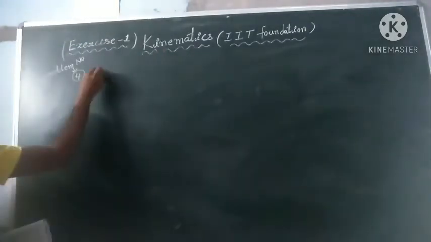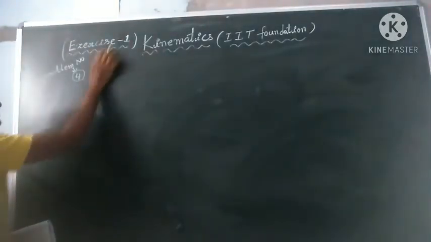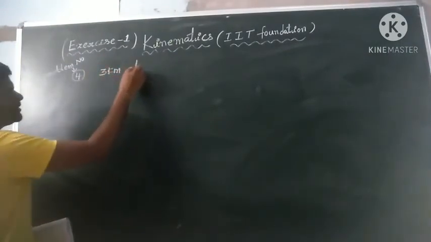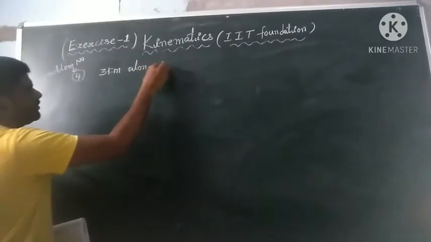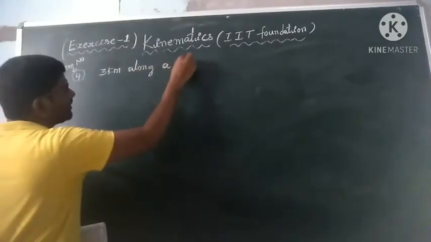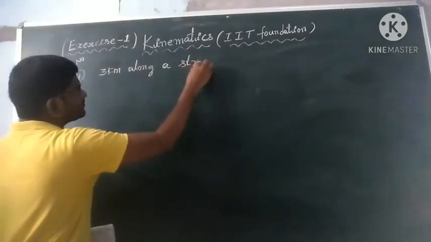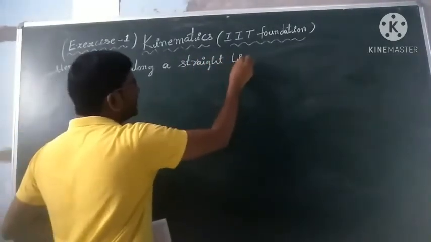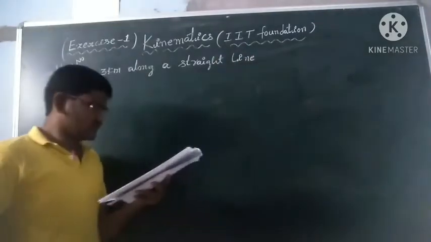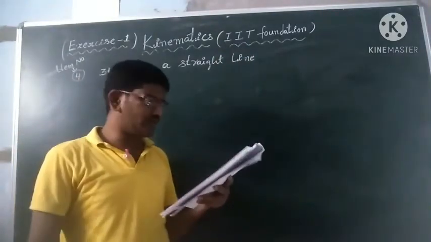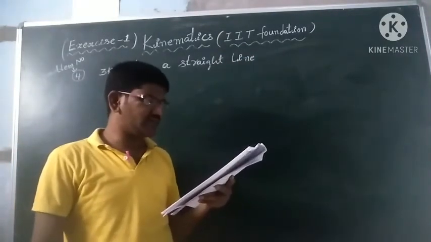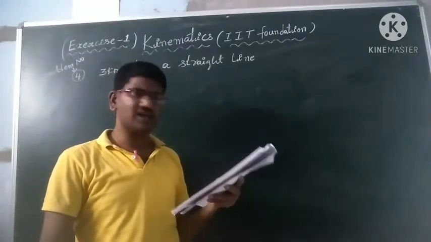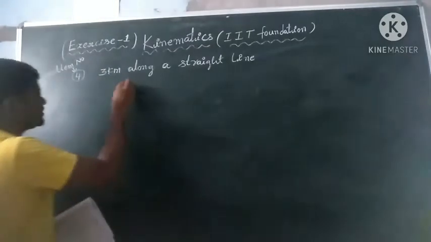So he is walking 3 kilometers along a straight line. So a boy walks 3 kilometers along a straight line and then takes a left turn through 90 degrees and moves another 4 kilometers.